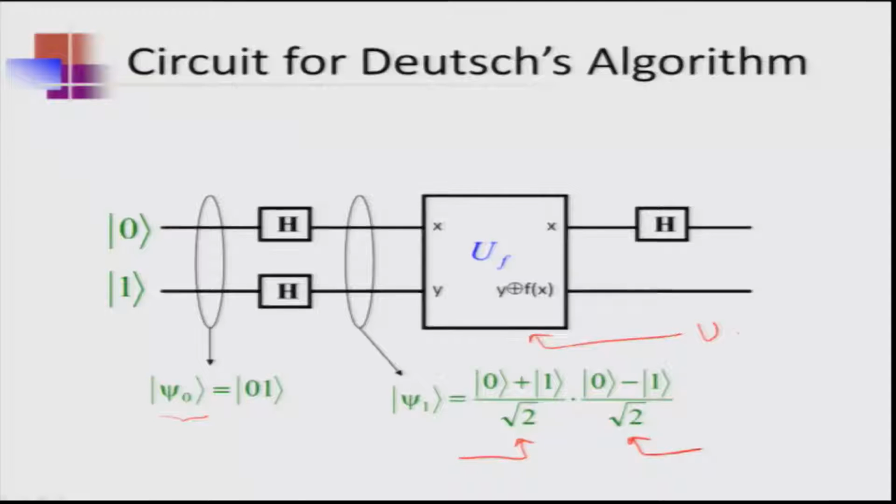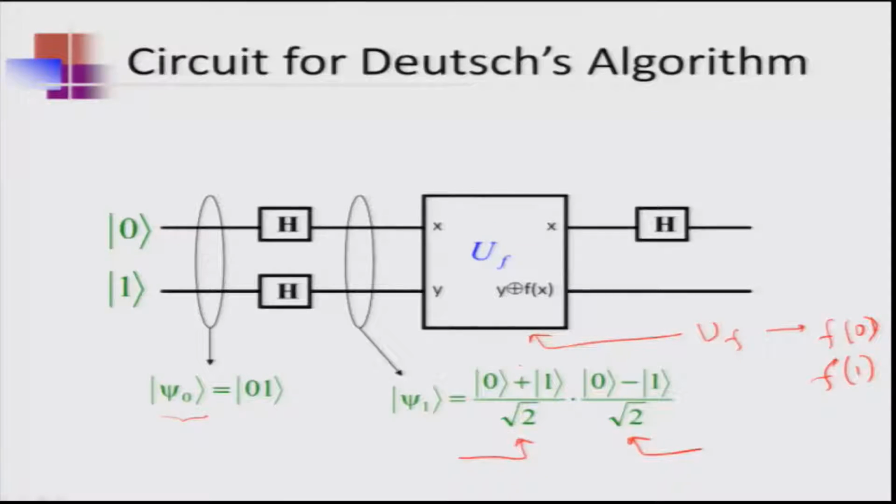Then we go through the same circuit, the same unitary transform, which enabled us to find the two function values simultaneously, f of 0 and f of 1, earlier, and see what happens. So, these are the steps. We initially set it up by sending in the individual qubits, putting them through two different Hadamard transforms to produce a product state of the superpositions of the two conditions.